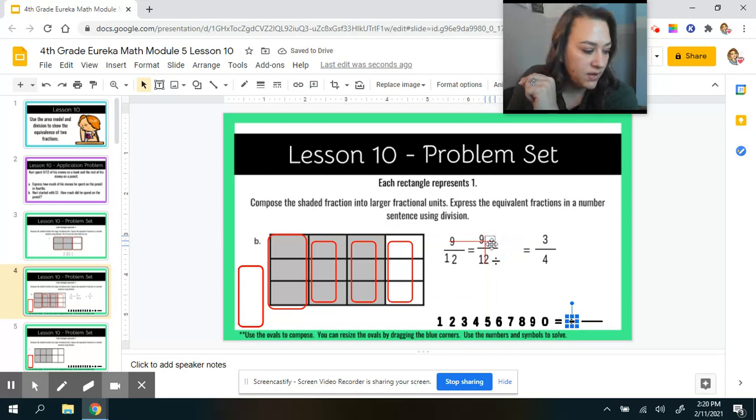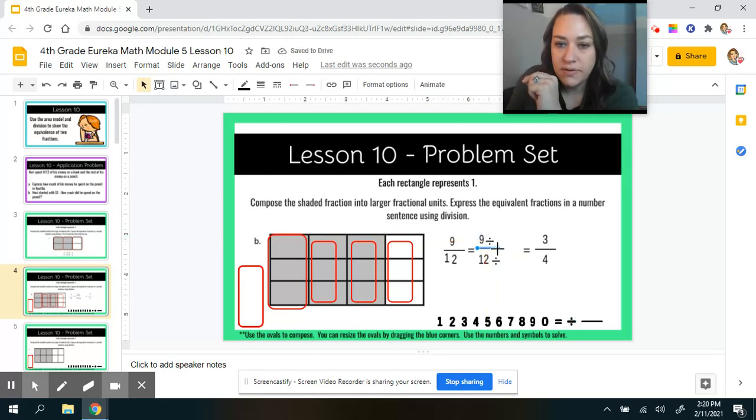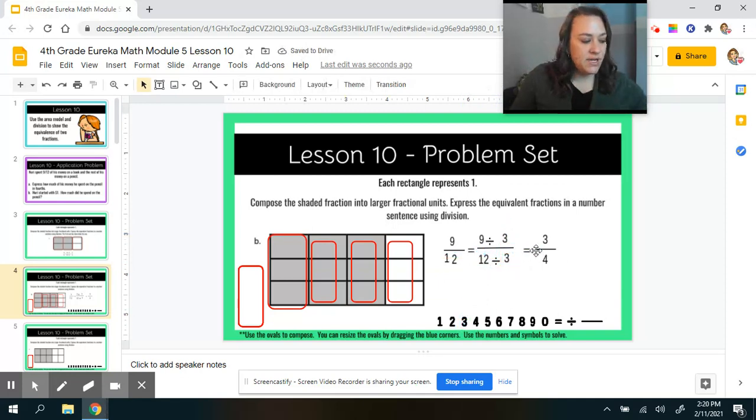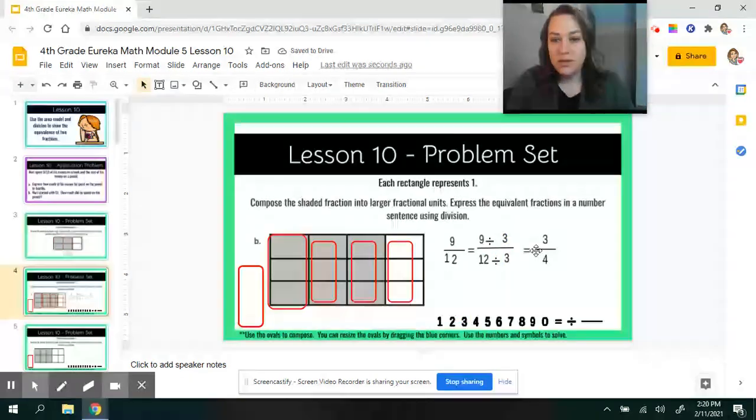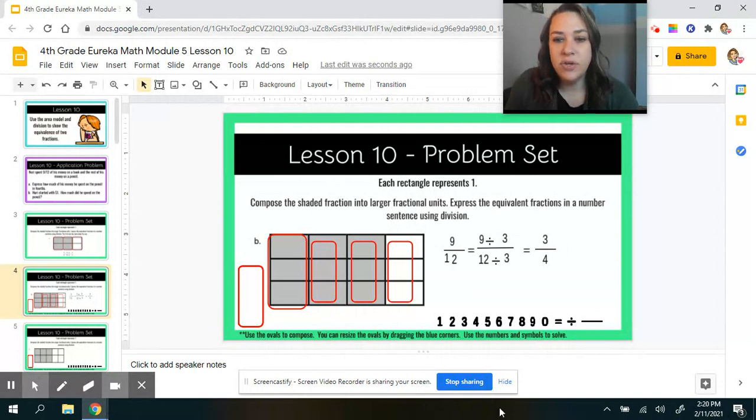It is the same with division. We have to do the same. So we're going to divide by 3 and divide by 3. 9 divided by 3 gives us 3. 12 divided by 3 gives us 4. So 9/12 is equivalent to 3/4.